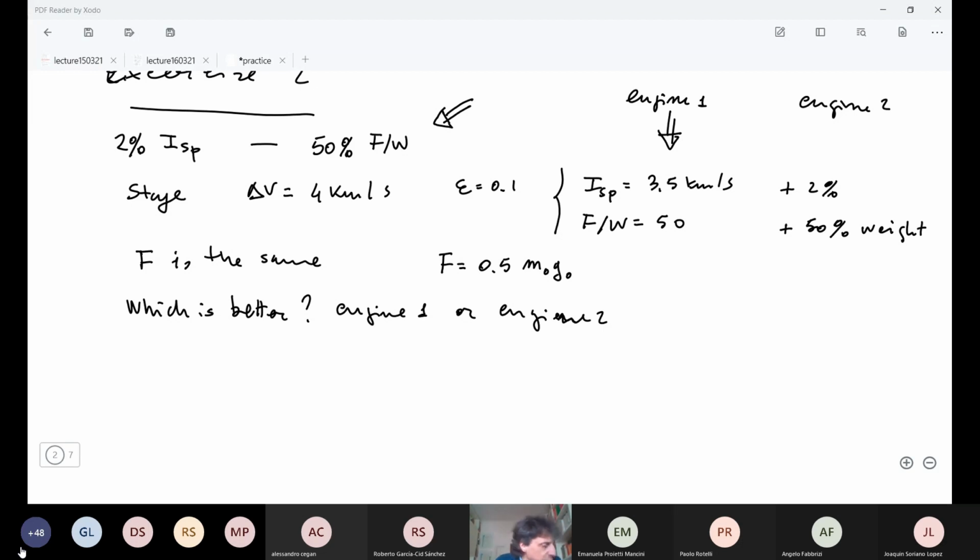Of course, we have to use exactly the same relation as we have done in the former exercise. We just have to evaluate the differences in terms of Z, the propellant mass ratio, and of the engine weight for the two cases.